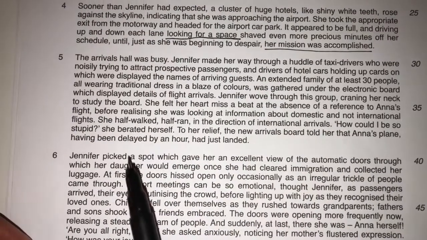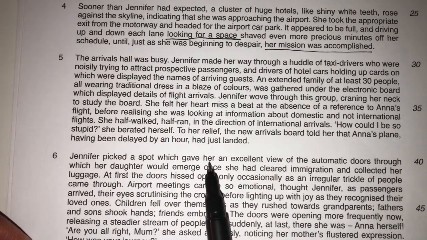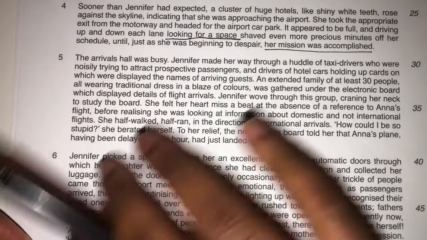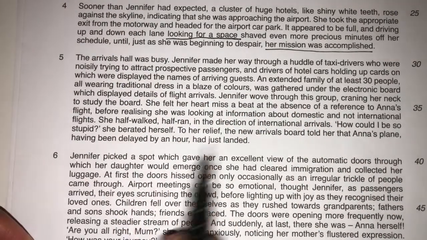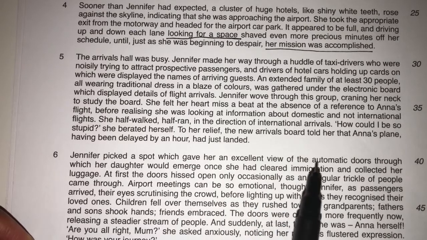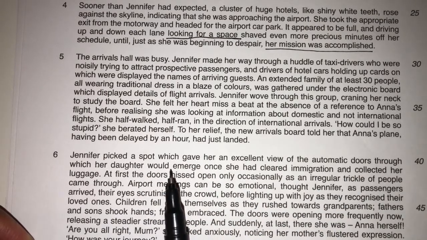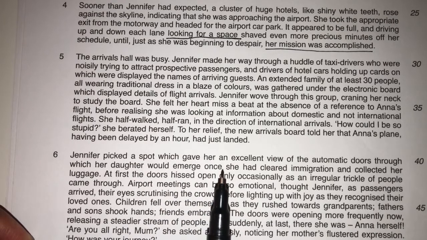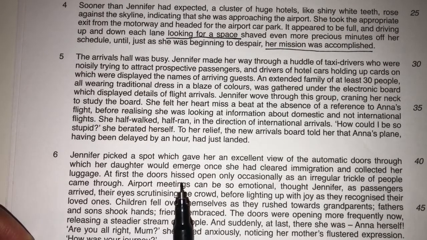Yes, position does make sense, because she picked a position which gave her an excellent view. So she positioned herself within the parking lot in a way that she has an excellent view of the automatic doors through which her daughter would emerge. Okay.